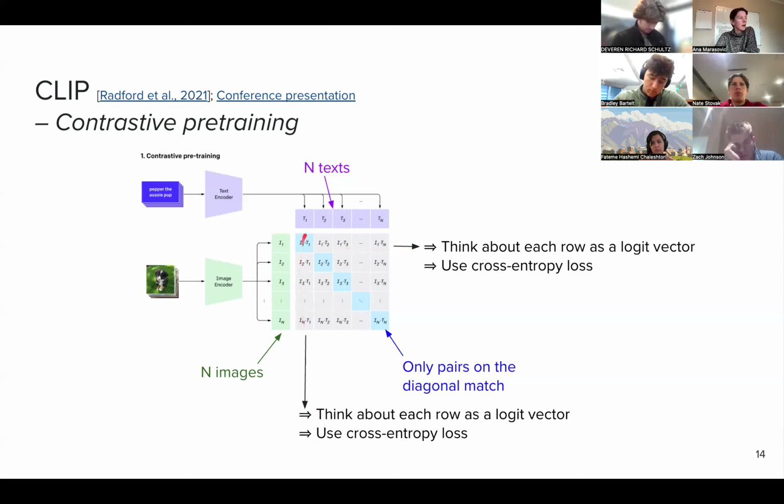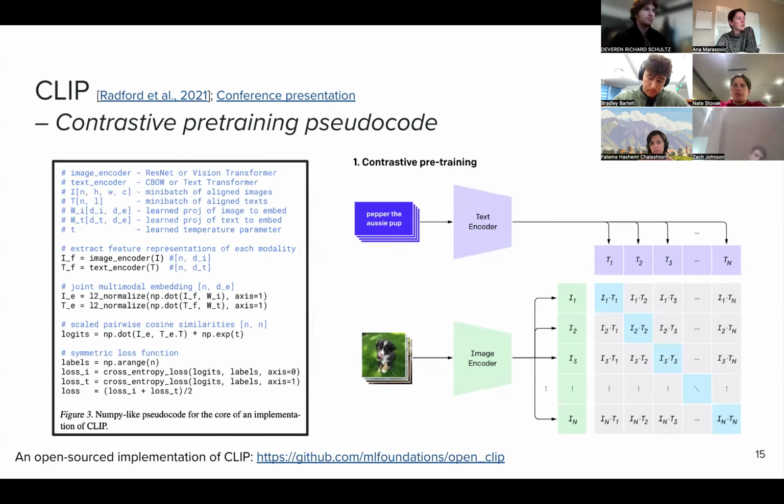Here you can think about each one of these pairs as needing to predict where the true pair is, which is in the first position. So amongst these N classes, the right class is the first class. And again, you can use cross entropy loss on each column. And what CLIP does is basically combine all of these various cross entropy losses.